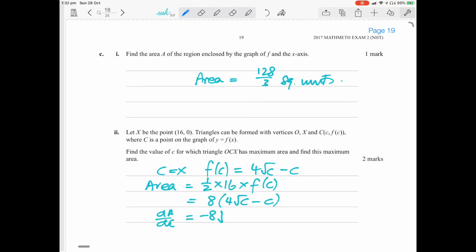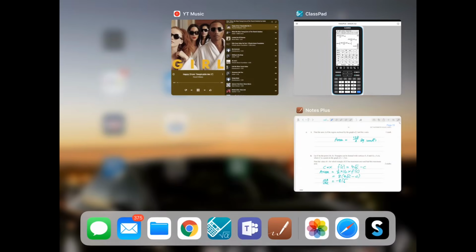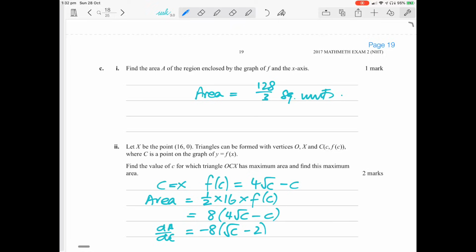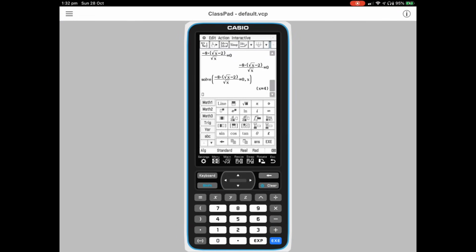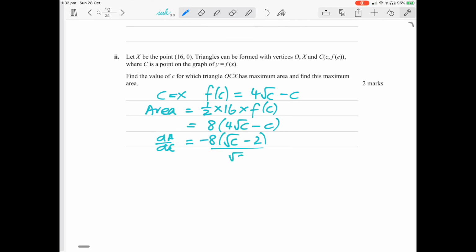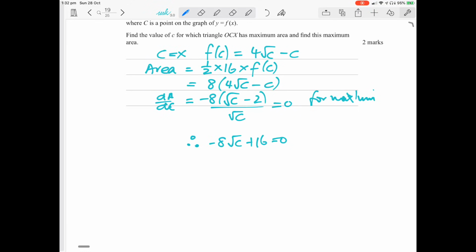Negative 8 root C minus 2 on root C equals 0 for max slash min. Okay, so therefore negative 8 root C plus 16 equals 0. So root C is equal to 2. Therefore C equals 4.